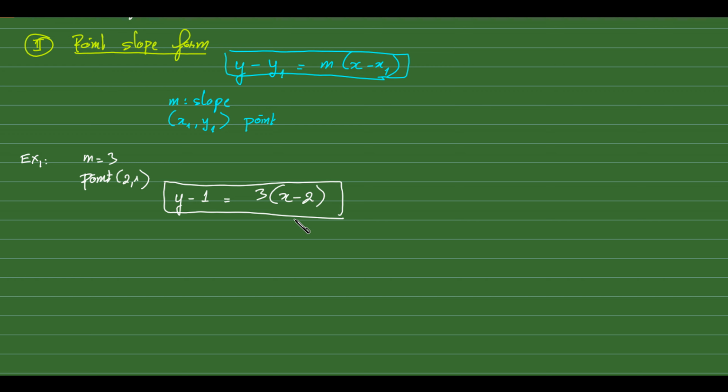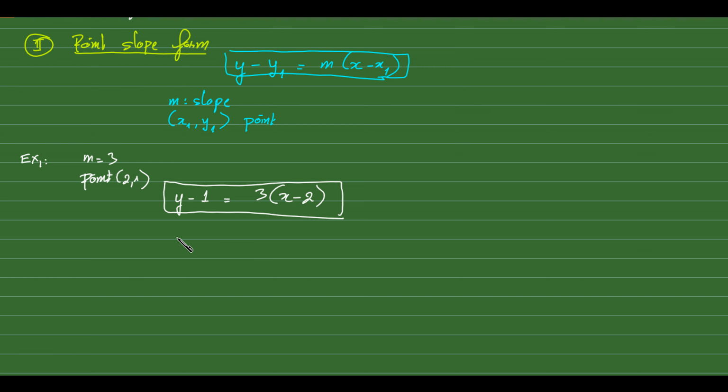The reason I want to do this is that, as I already said, some of you prefer point-slope form every time you want to write a linear equation. However, if the question asks you to write it in slope-intercept form, then first of all you should start by writing in point-slope form. Then you're going to convert to slope-intercept form.